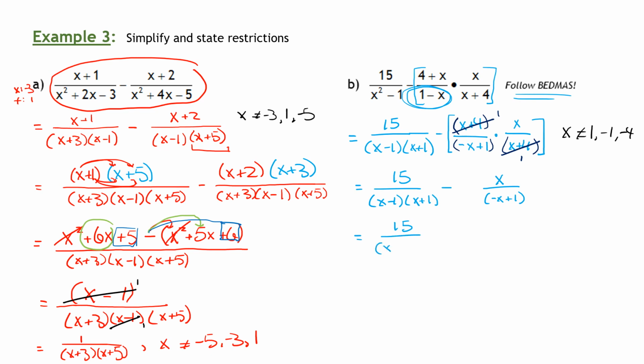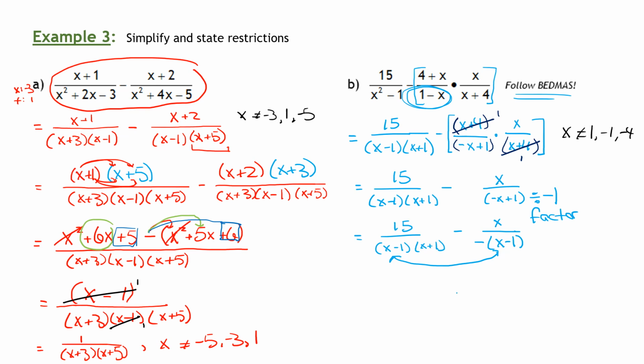I'm going to leave the first set alone, x plus 1. But what I'm going to do is divide a -1 or factor a -1 out of this first bracket. So when I do that, I pull out a negative and I'm left with a positive x minus 1. So these two now are the same. I just had a negative.